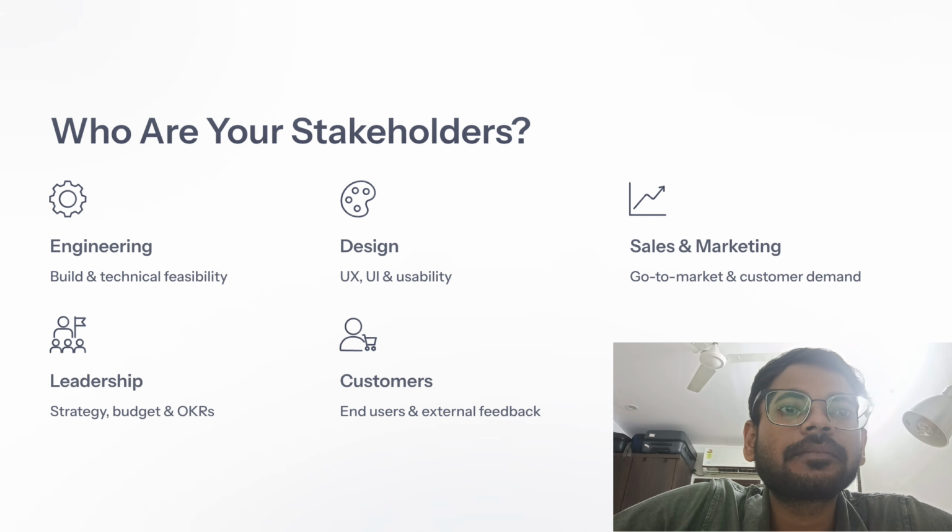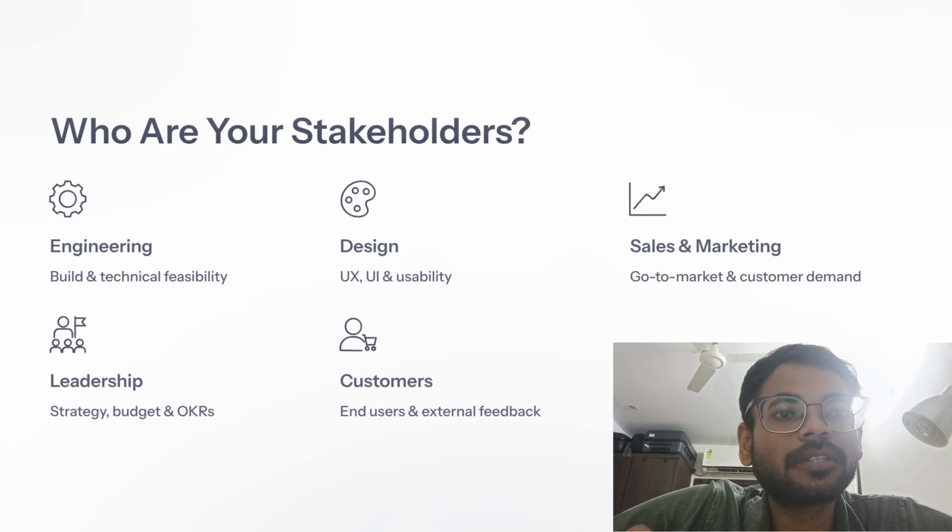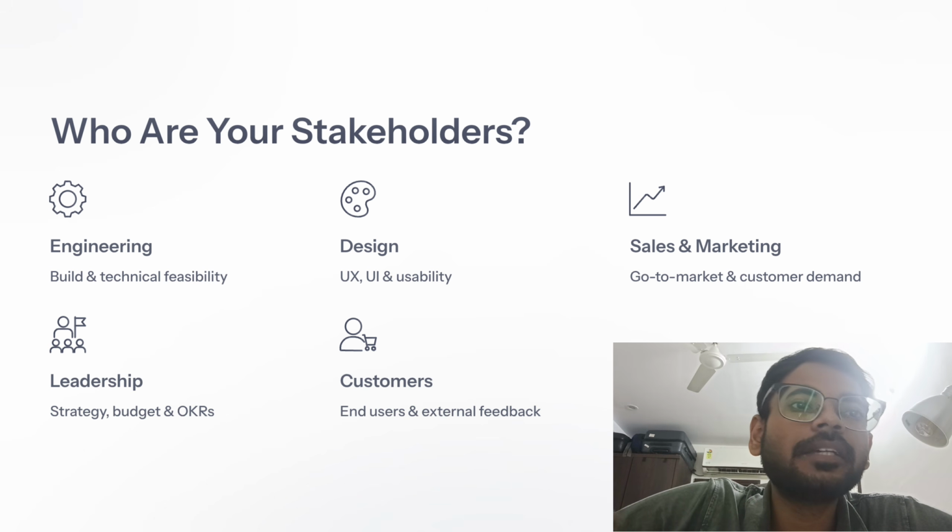And when a product manager is interacting with the leadership, then the communication will go around what is the ROI if we build this feature, what is the cost if we build this feature, what should be a strategic expansion. So these are the areas in which a product manager interacts with the leadership.